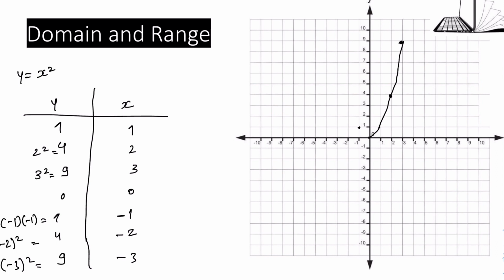Minus 2, it was 4. And minus 3 equals 9. So this is how the function f of x, y equals x squared, looks if you want to represent this function as a graph.